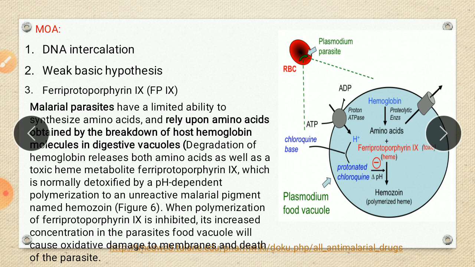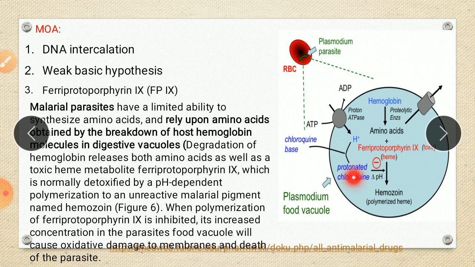Degradation of hemoglobin releases both amino acids as well as a toxic heme metabolite called ferriprotoporphyrin 9, which is normally detoxified by pH-dependent polymerization to an unreactive malarial pigment named hemozoin.